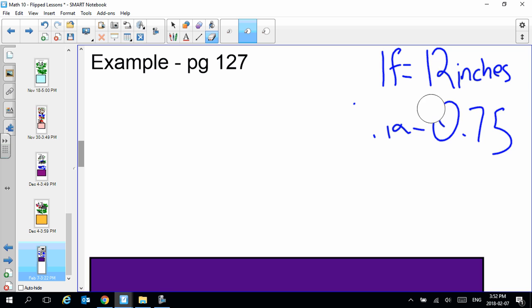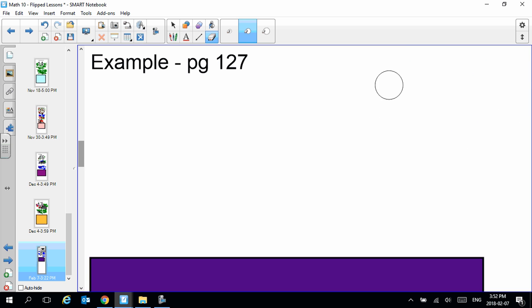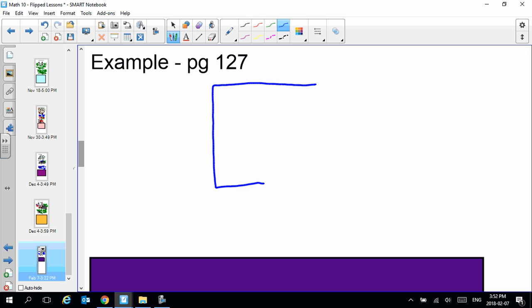So what happens if we have a shape like the example on page 127? It looks like a house. We've got a basic square edge here, the little divot there. Coming up, I have a door. I'm not very good at drawing these. There we go.